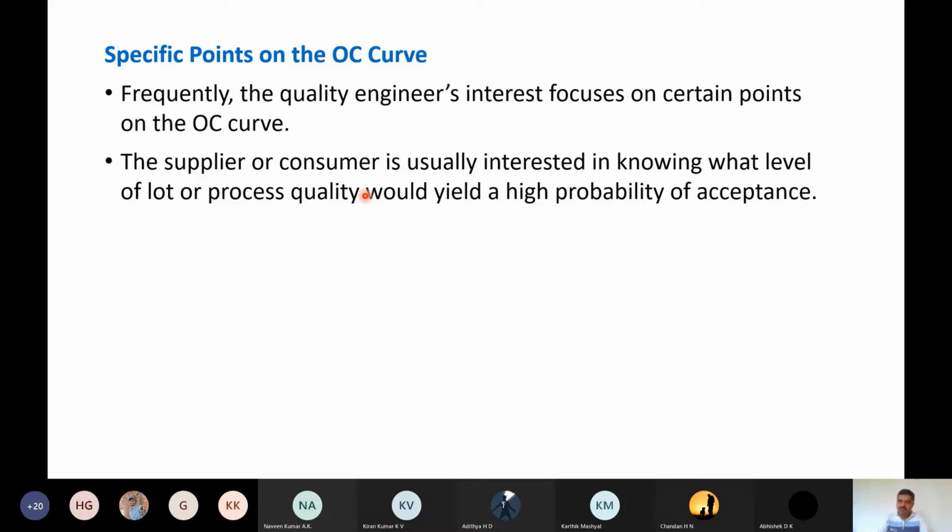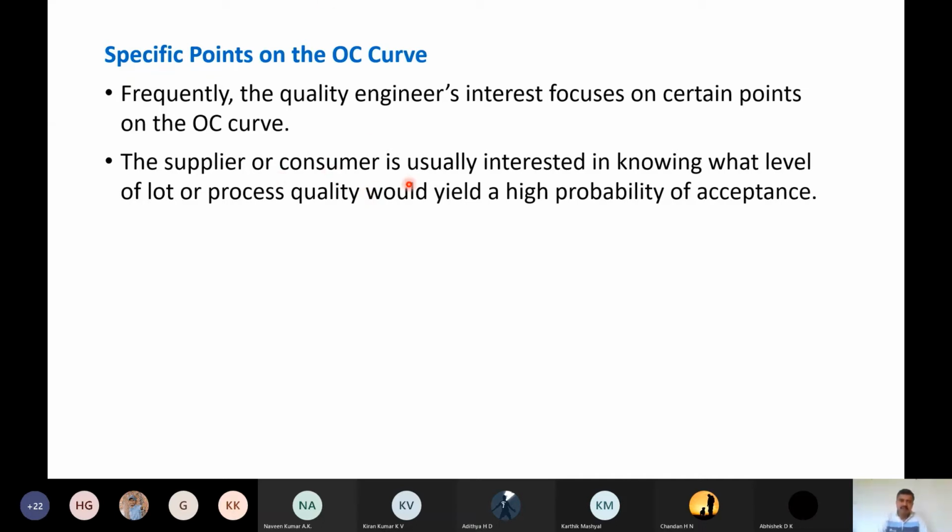Even when a supplier is supplying at the acceptable quality level, if he is rejected, that will have various consequences. The supplier is supplying components according to the agreement, but because of mistakes in the sampling plan, you are rejecting them.